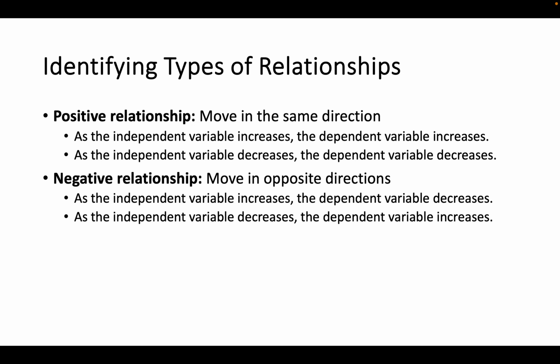They move in tandem, like a tandem bicycle. A negative relationship is where the two variables move in opposite directions. So as the independent variable increases in value, the dependent variable decreases. As the independent variable decreases in value, the dependent variable increases in value. That's what's called a negative relationship.